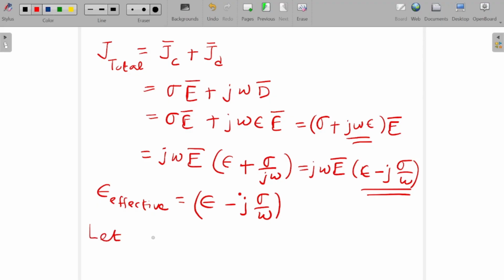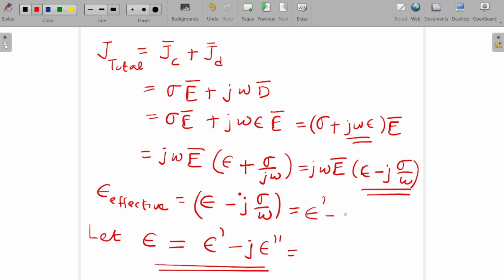Let this permittivity be a complex permittivity. So we can write it as epsilon equals the real part epsilon dash minus j epsilon double dash. Now, if we replace this, the effective permittivity can be written as epsilon dash minus j epsilon double dash minus j sigma by omega.